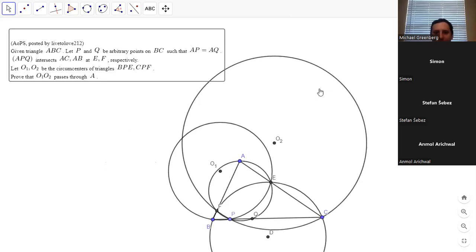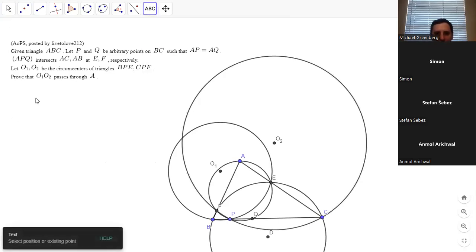So the next three problems I think will be a little harder, but that is a nice use of inversion.